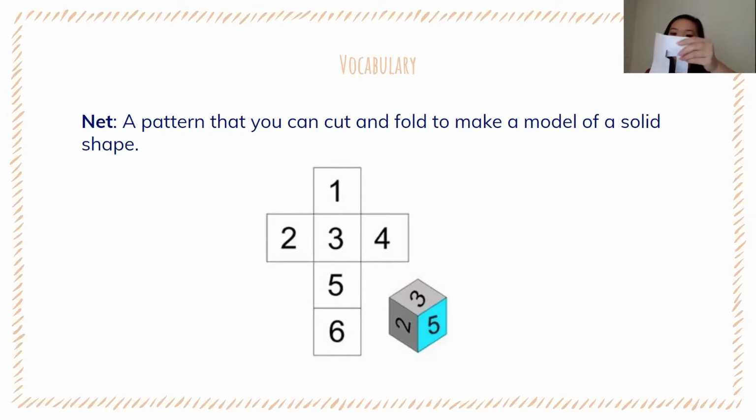Once you draw those lines and then you cut, mine did not turn out the best, but it looks like this. And then we're just going to fold it all in just like that.